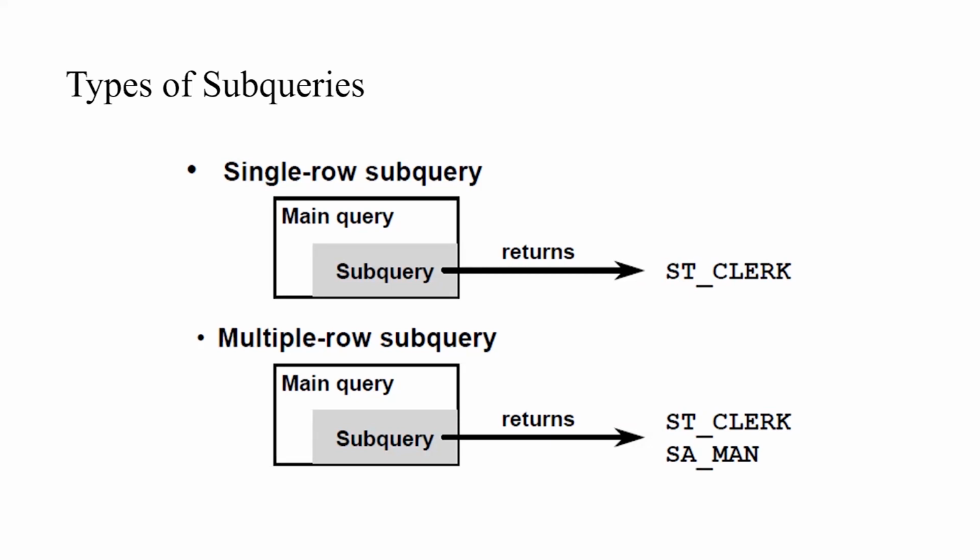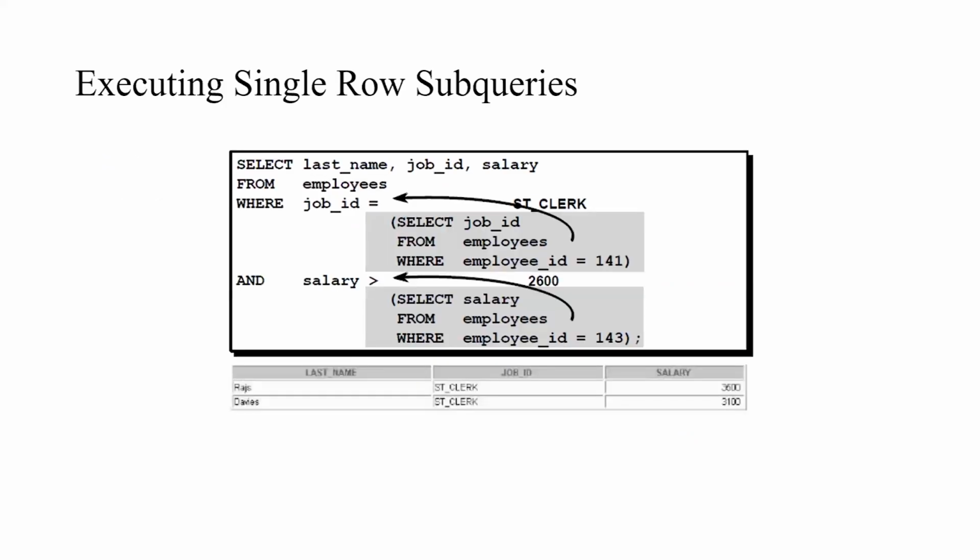If we have a list of multiple values and I want whatever filter I'm putting to be in either of the values, then it's fine. We use the IN clause, if you remember. So single row subqueries return only one row. Use single row comparison. Let's have a look into executing single row subqueries.